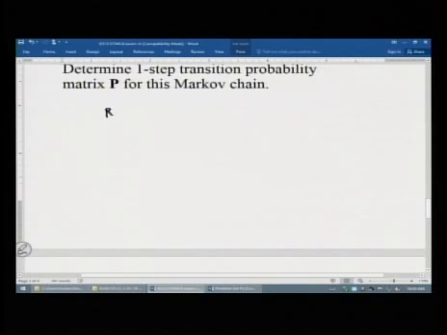So let's say R, R, R. That's our very first state.